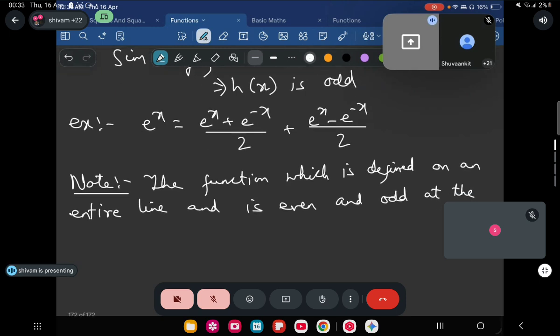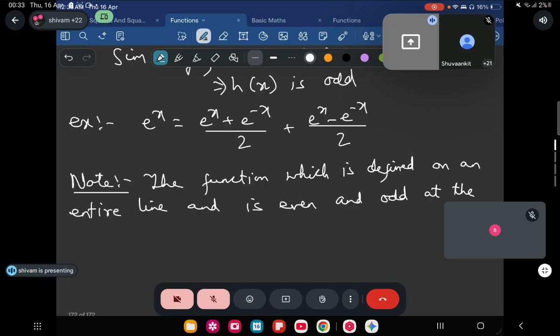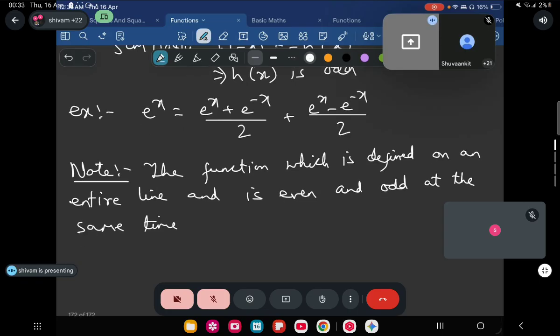Can you tell me which function is this, which is even and odd at the same time and is defined on the whole real number line? Tell me which function is this. Can anyone think?